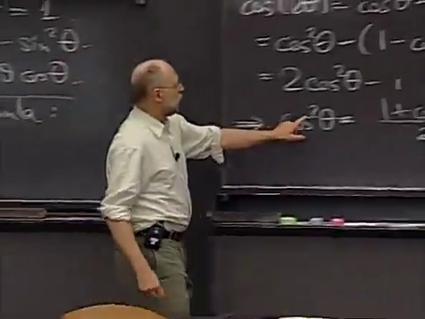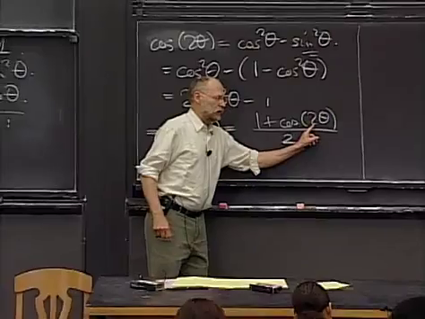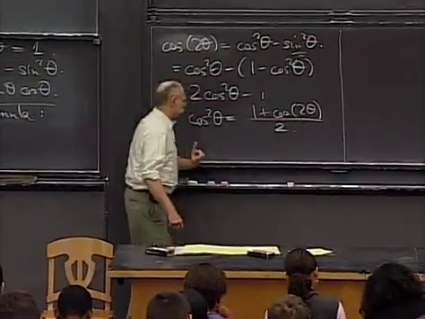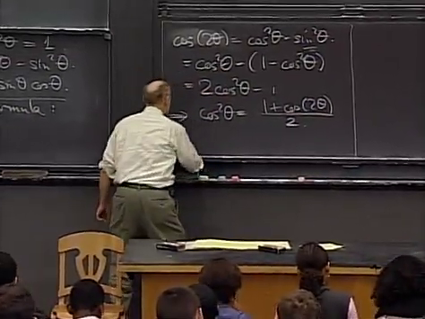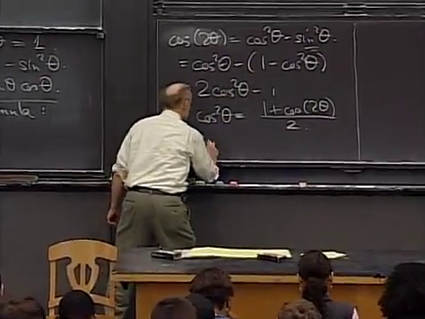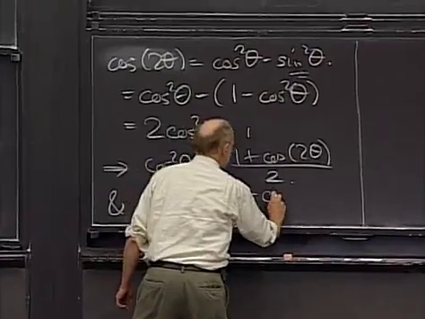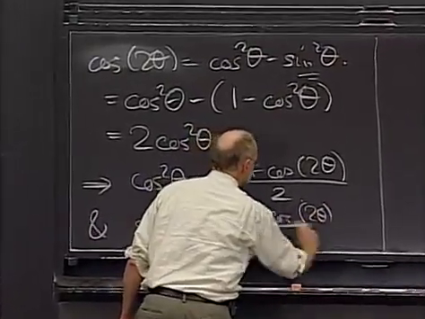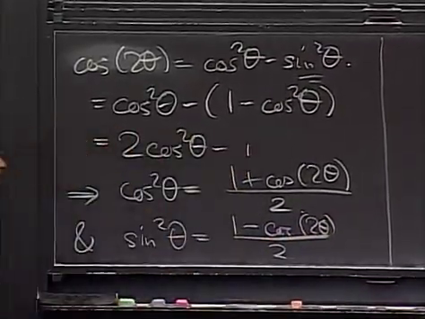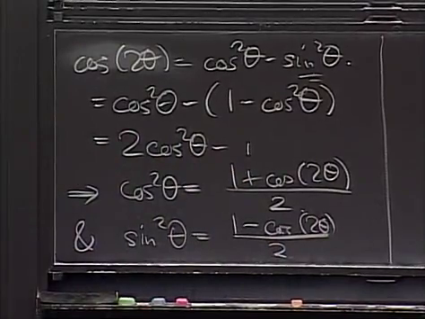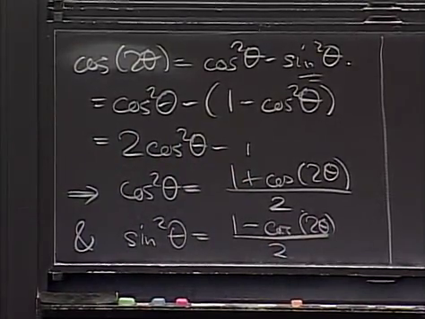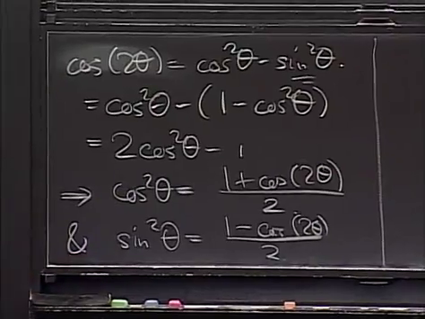I've gotten rid of this square at the expense of putting in a 2 theta here. We'll use that. Similarly, the same calculation shows that the sine squared of theta is 1 minus cosine of 2 theta divided by 2. Same cosine in that formula also, but it has a minus sign for the sine squared.